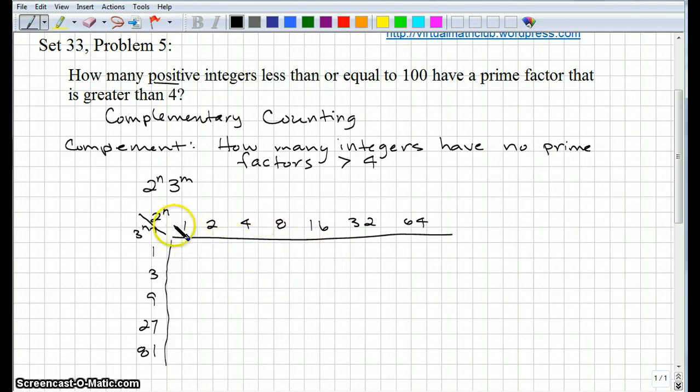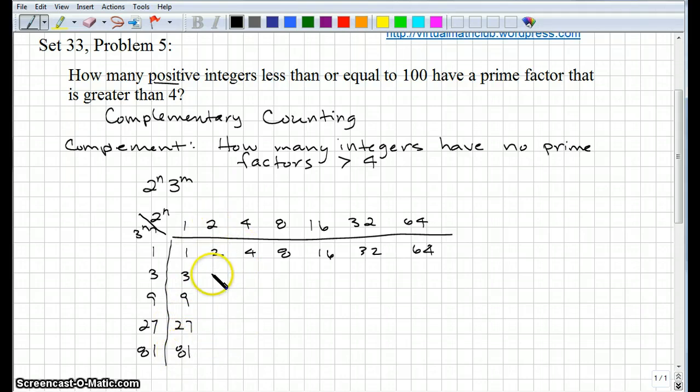Okay, so if we create combinations of 2 to the n and 3 to the m, we ought to be able to make a table. So 1 times 1 is 1, 2, 4, 8, 16, 32, 64. Okay, so I'm just multiplying the row by the column. Okay, and then down this column, of course, we're going to get 3, 9, 27, and 81.